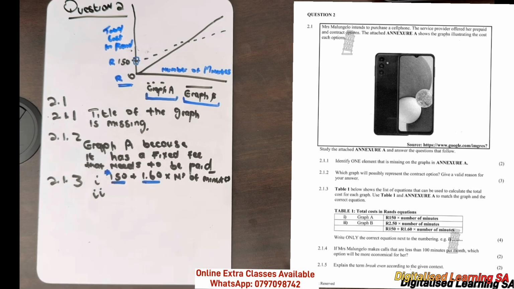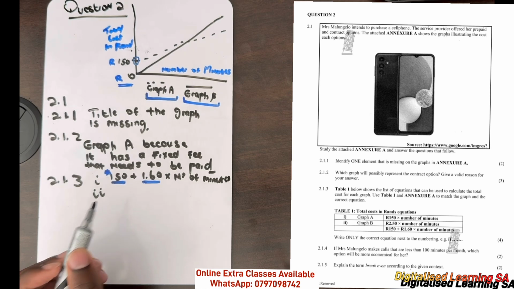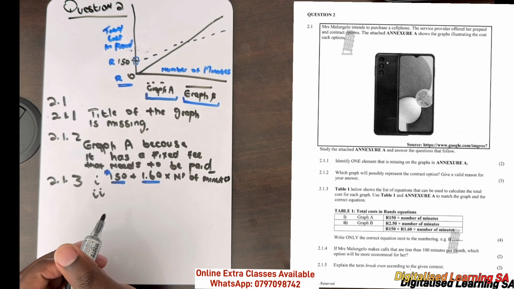So graph A will match our third equation. So this makes sense. So now let's move to graph B. For graph B, there's only one option left, which is 250 per minute. So this makes sense as well because there's no fixed fee.